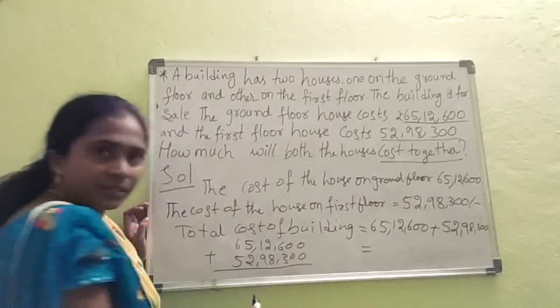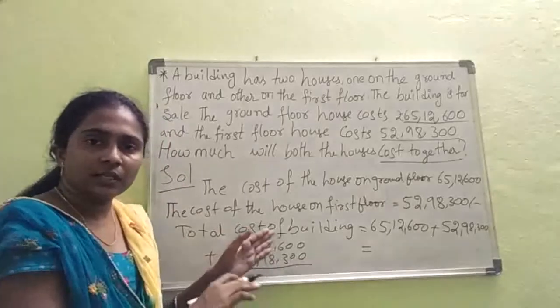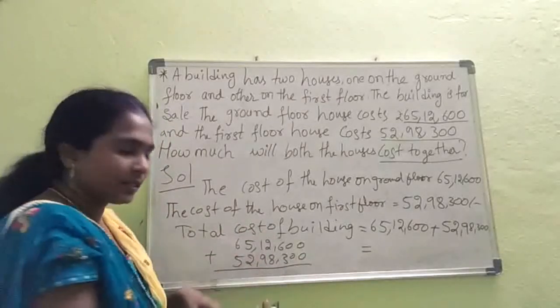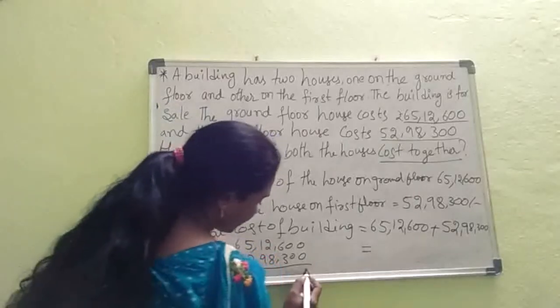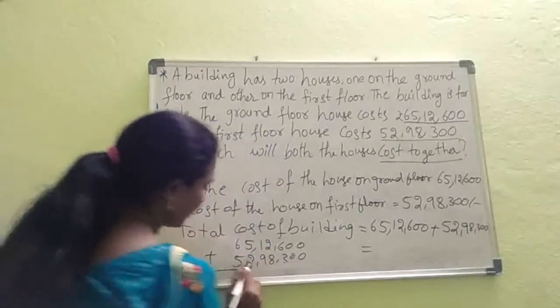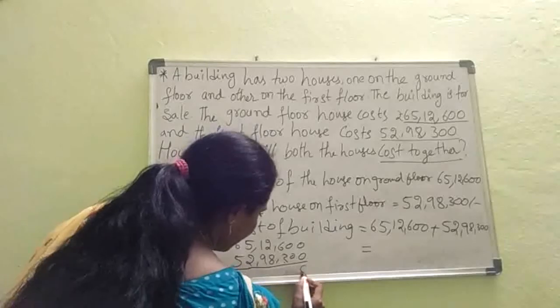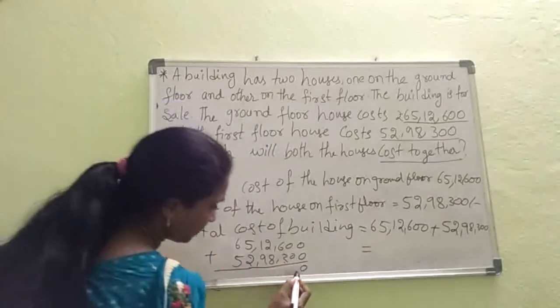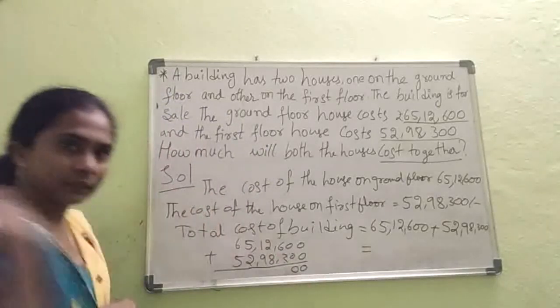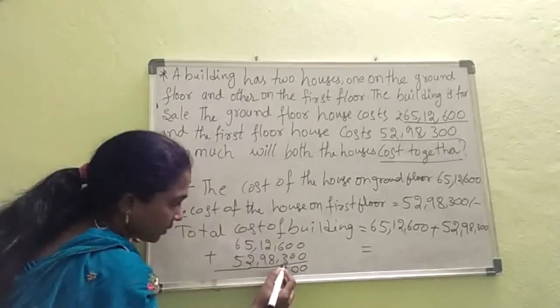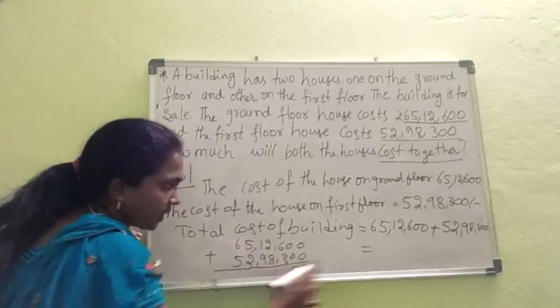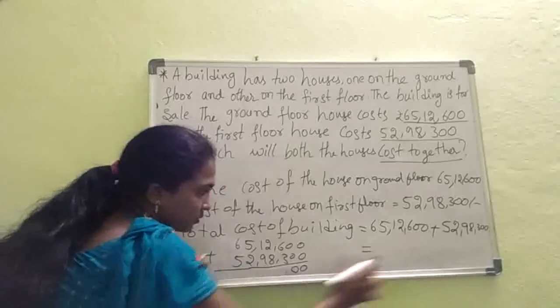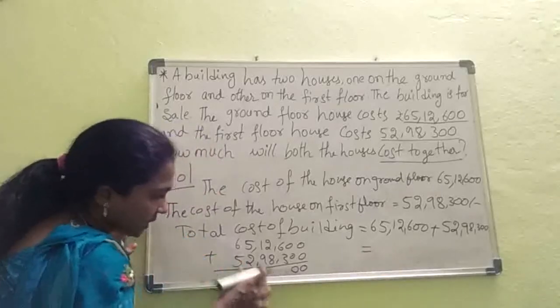See, 0 plus 0, adding two zeros, what is the result? 0 only. Next, 0 plus 0, 0 only. Don't worry, the final answer I will write again here.